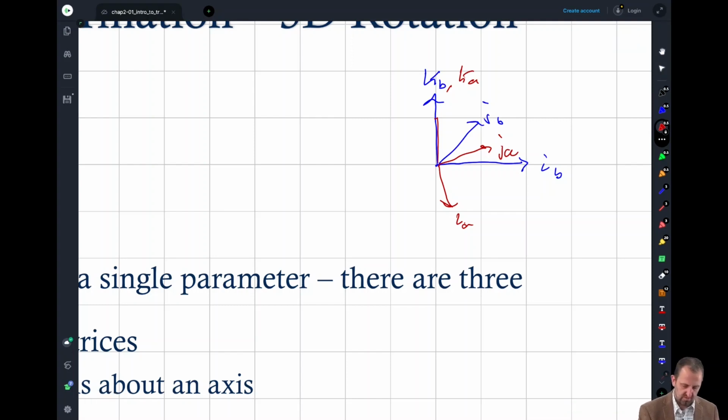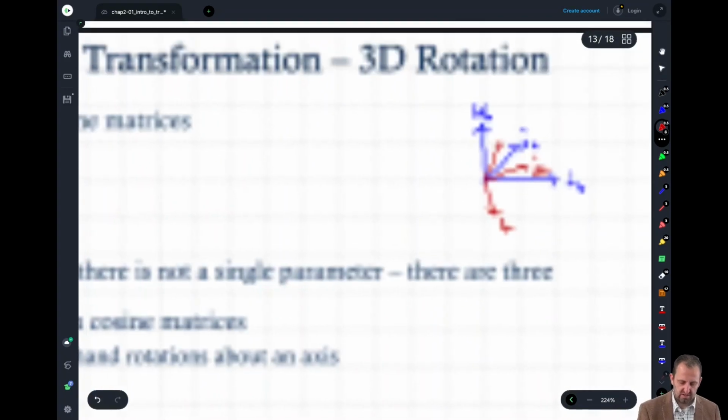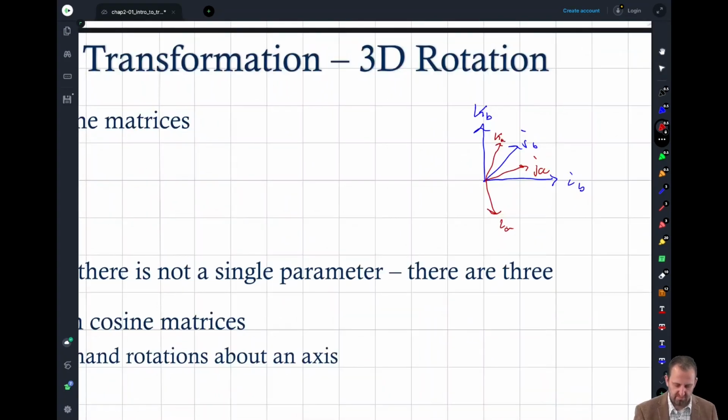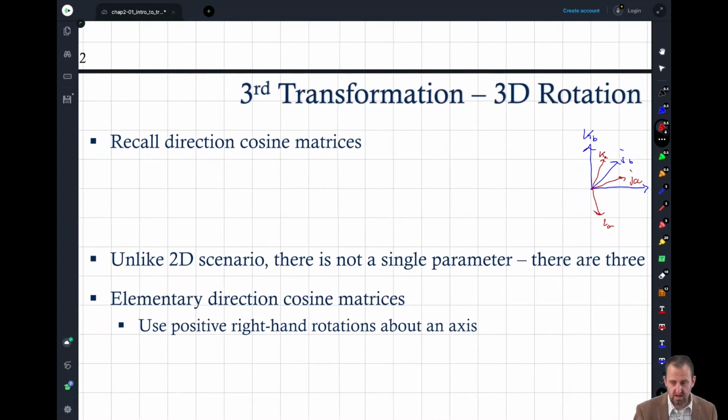Maybe I'll do this more generically. Say that our K_A is over here. So now we have this other frame, which is great. Now we have 2 frames of reference. Again, all we've been doing is 2 frames of reference.